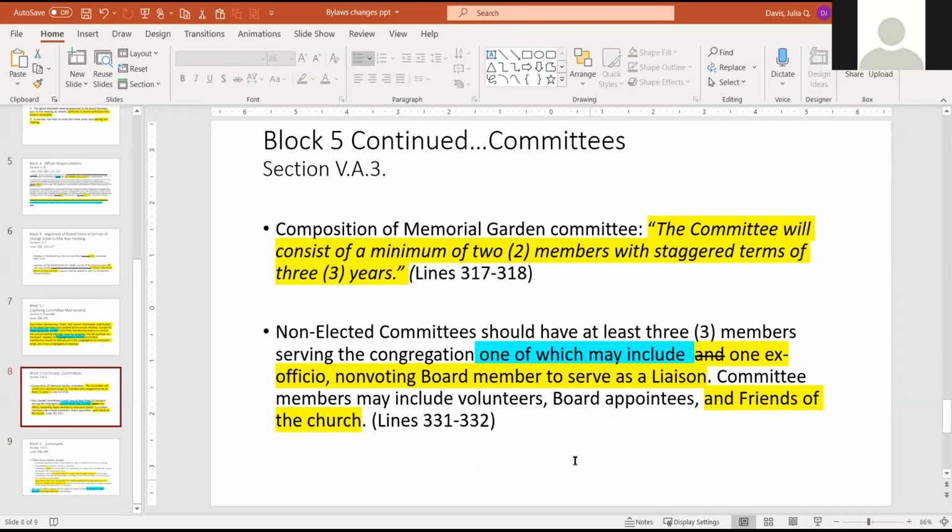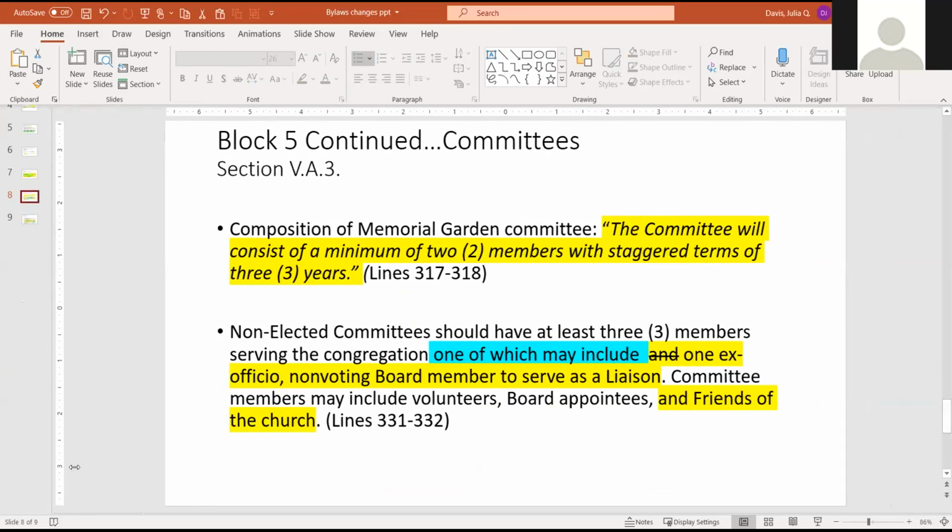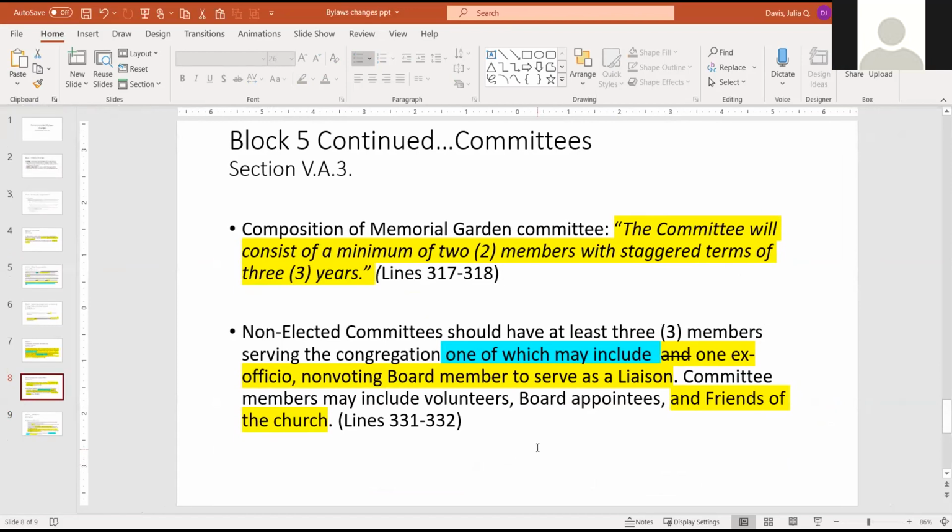On the 8 before, number 8, I had a comment. Yeah, on the change. What is the role of a liaison? Is the liaison someone who keeps in touch with what's going on in the committee, or does that person commit to attending all the meetings?